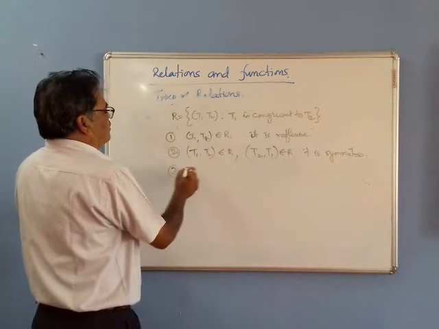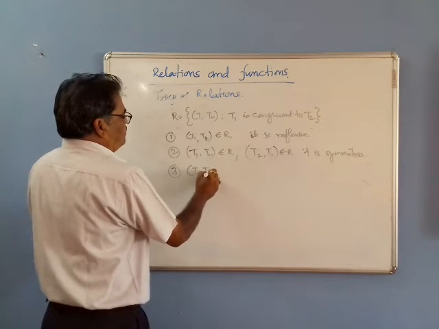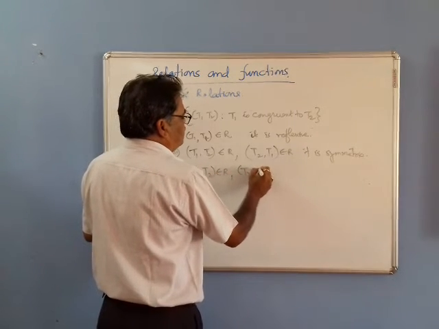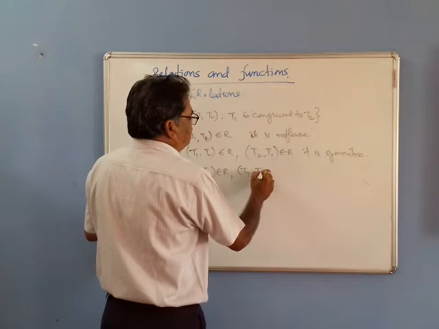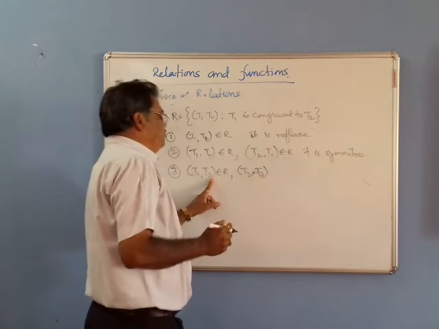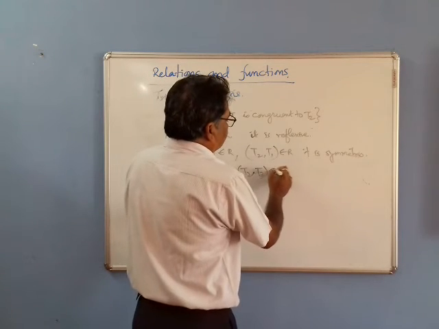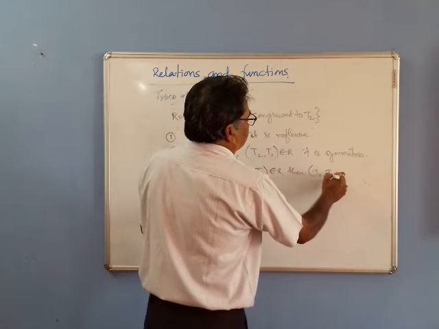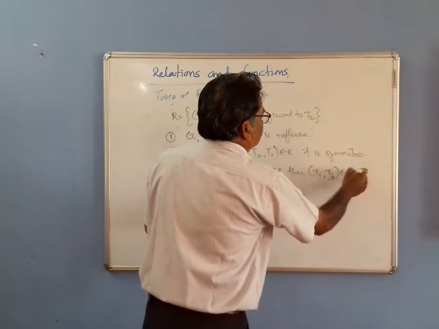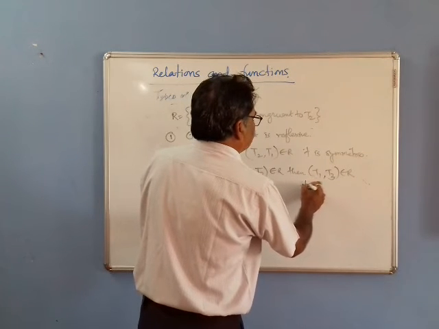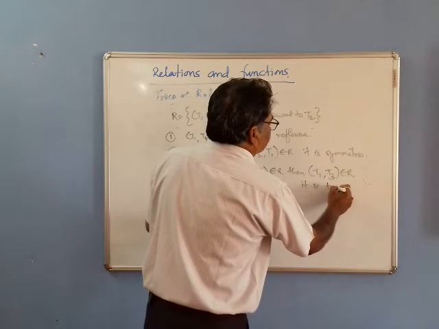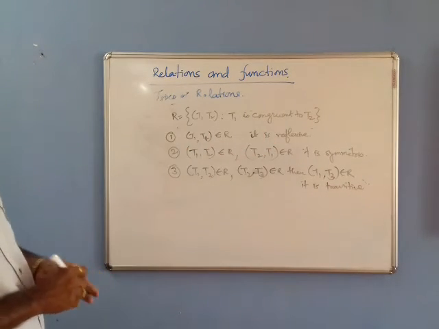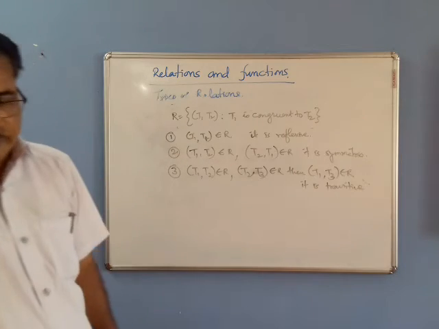Third, if T1 is congruent to T2 and T2 is congruent to T3, then T1 must be congruent to T3. Therefore it is transitive. Okay, understand? This is one example of this relation.